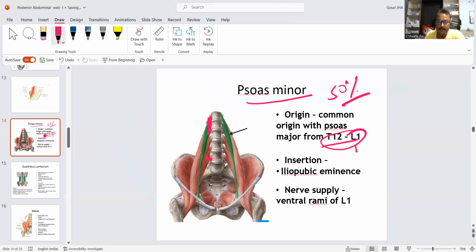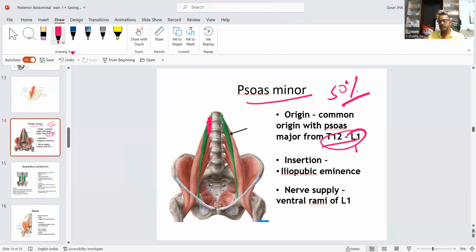But what we are seeing over here is only this much region.